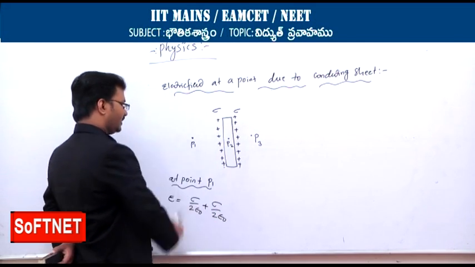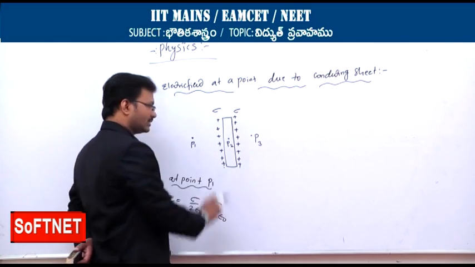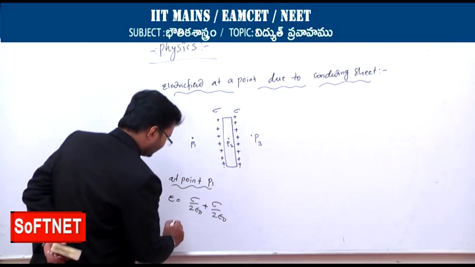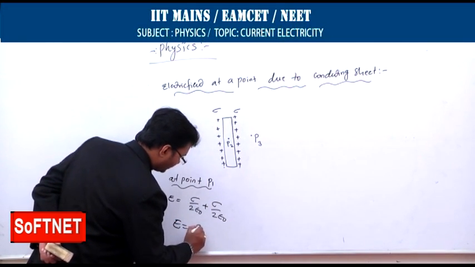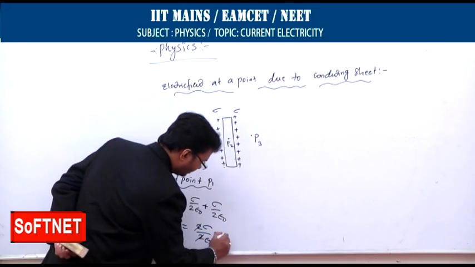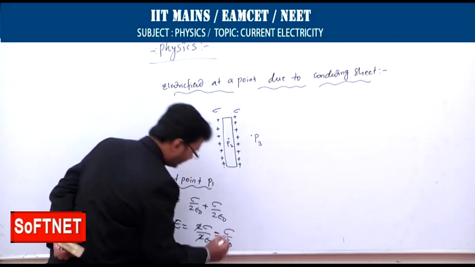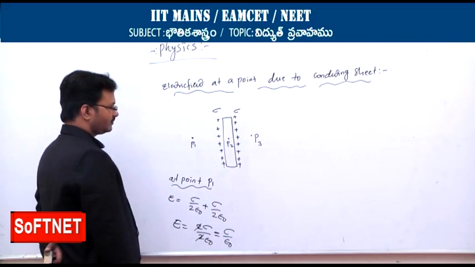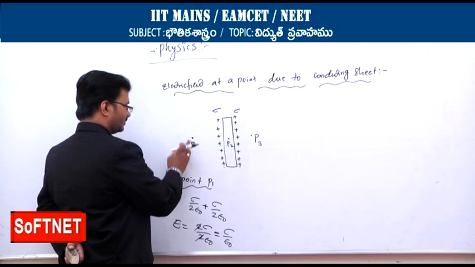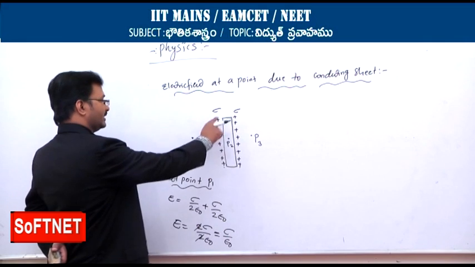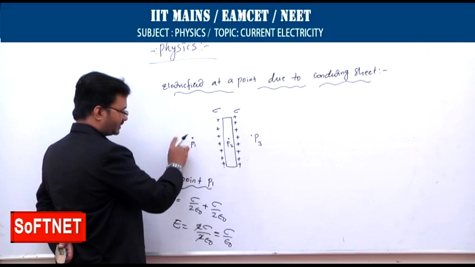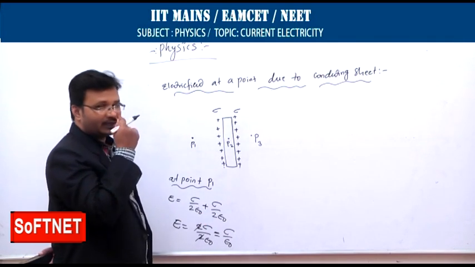Due to this one sigma by 2 epsilon naught, due to this one also sigma by 2 epsilon naught. Then E is equal to 2 sigma by 2 epsilon naught, the 2 cancels, then sigma by epsilon naught. It is not two sheets, it is only a single sheet. Even on the left side it is a conducting sheet, which is why we take sigma by 2 epsilon naught plus sigma by 2 epsilon naught.